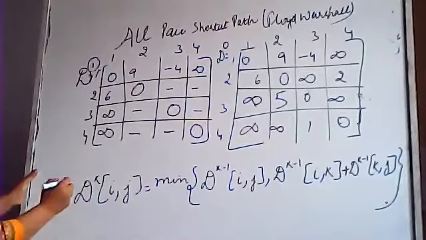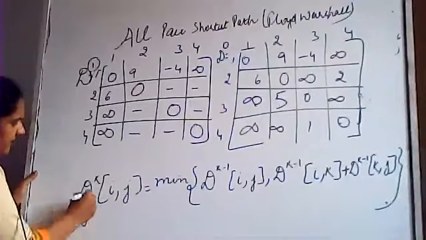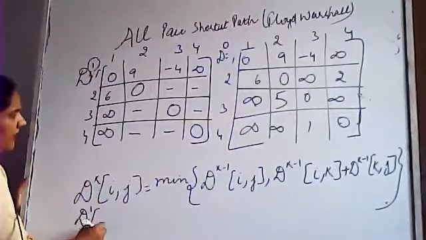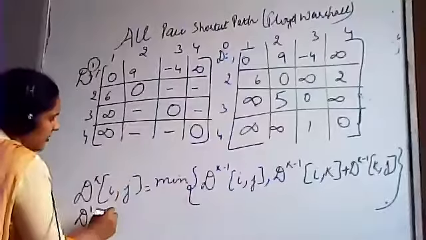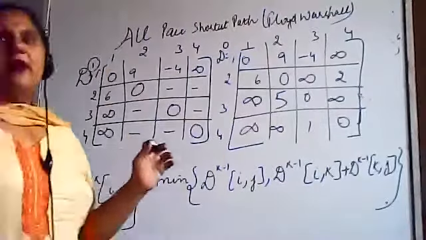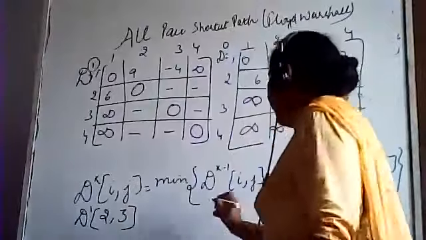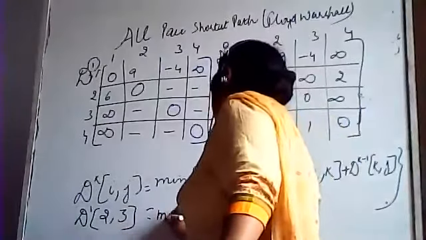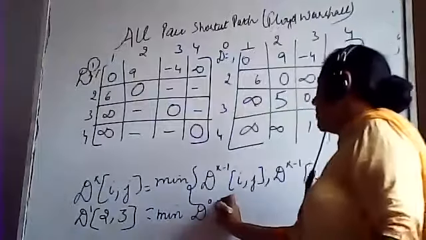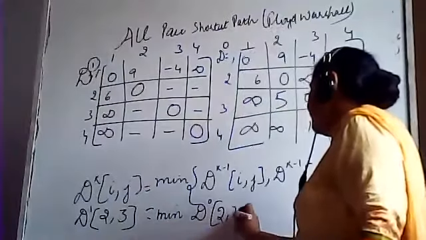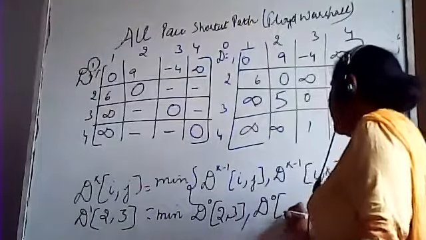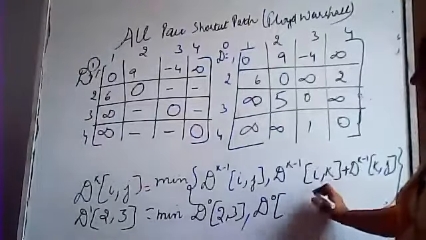So D1, the value of K is 1, it is depicted from here. D1 of I comma J, which value is this? 2 comma 3. Minimum of D naught of I comma J, which is 2 comma 3, comma D naught of I comma K. What is the value of I? 2.